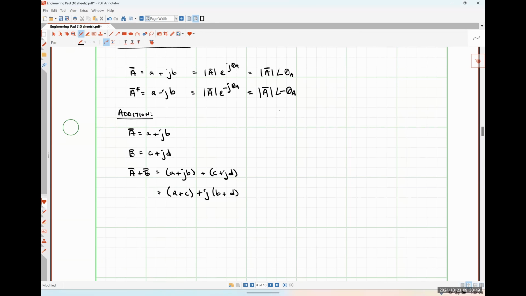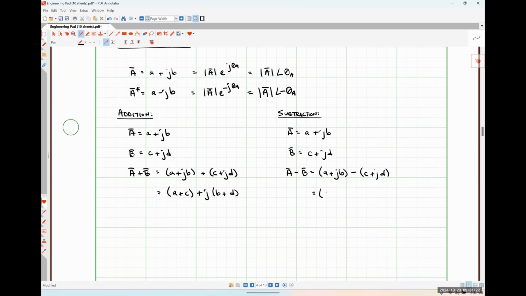Let's do subtraction over here on the right-hand side. So subtraction is literally just addition, except that there's a negative sign involved, right? So if I use those exact same complex numbers, a plus jb and c plus jd, then A minus B looks like a plus jb minus c plus jd.